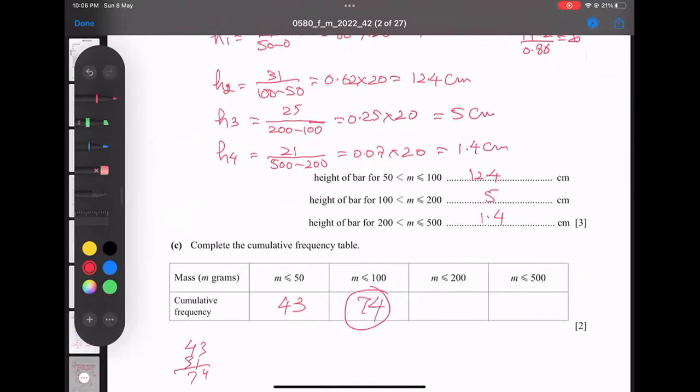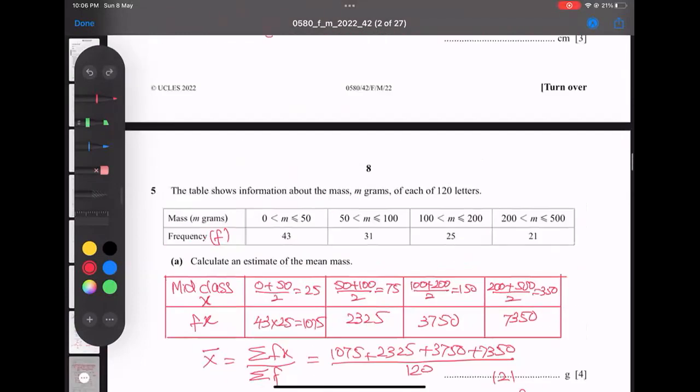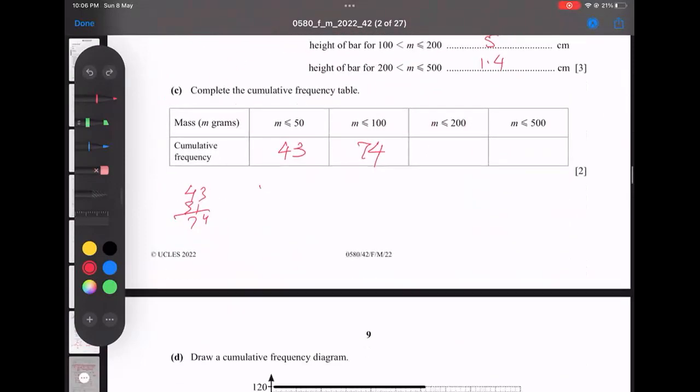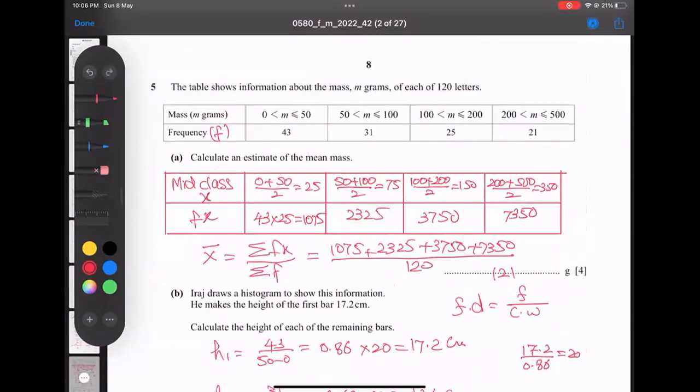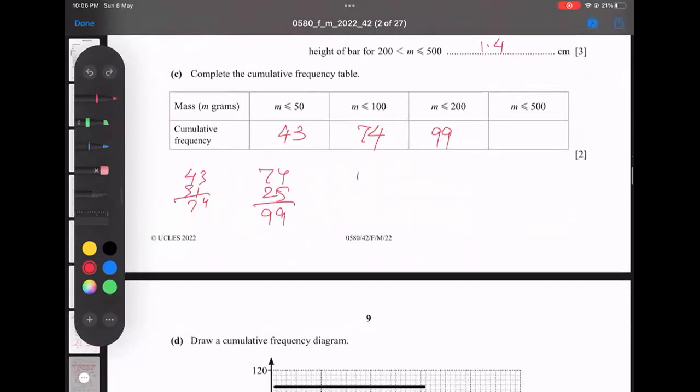Now this 74, I will add 25. So 74 plus 25 gives 99. This 99, I'm going to add 21. So 99 plus 21 gives 120.